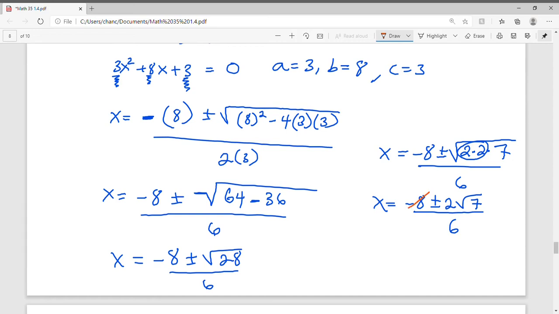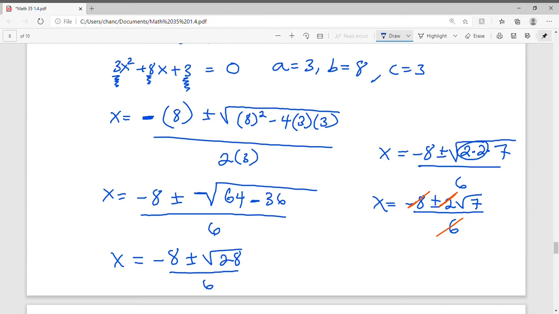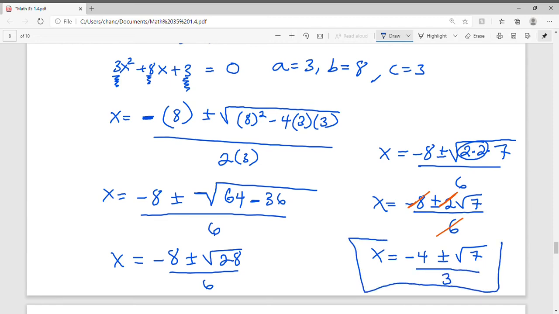We have the 8, the 2, and the 6 can all be divided by 2. So divide those terms by 2. I get x equals -4 plus or minus 2 divided by 2 is just 1, so we'll leave that blank, and we'll divide that by 3. So this is it. -4 plus or minus the square root of 7 divided by 3.